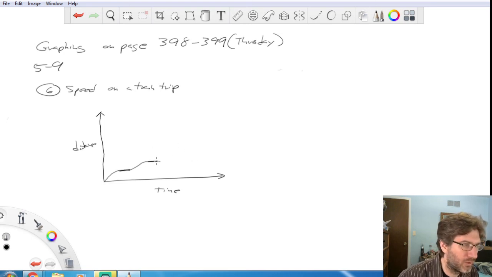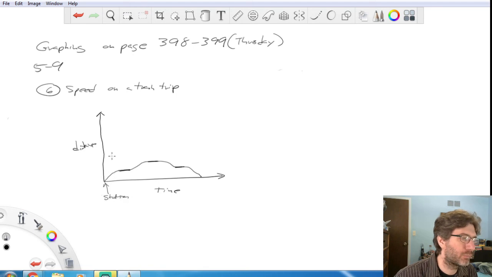I don't know. But then you want to go home. So you want to come back down, getting closer, stop at that stop again, and then come back and get to your stop. So that would be like a 2-stop trip. If you had like a 1-stop trip, it's whatever. But just so you know, here we have station, speeding up.